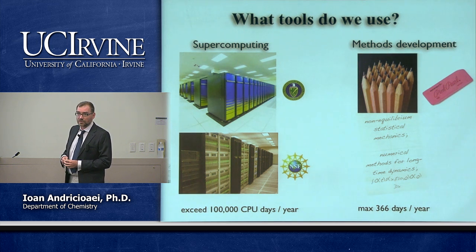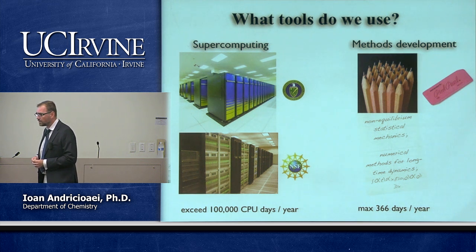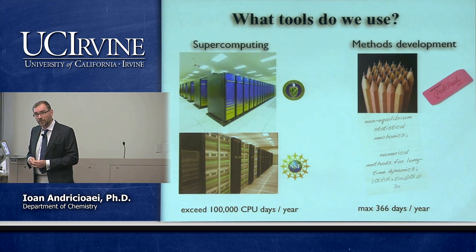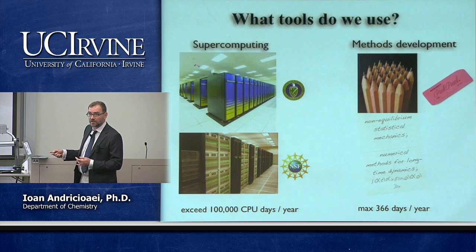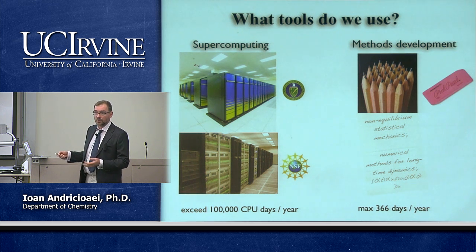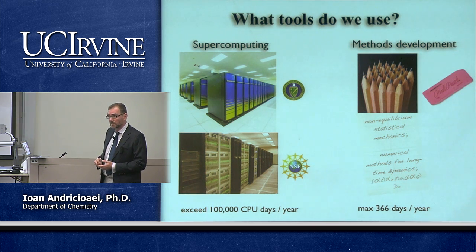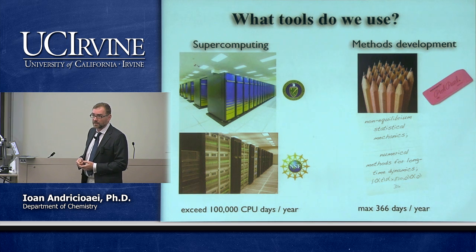But even that is not sufficient, because when you actually integrate the equations of motion, the equations of motion are integrated not on a laptop such as this one, but on many CPUs that work in parallel and communicate to each other. This is called large-scale parallel computing.